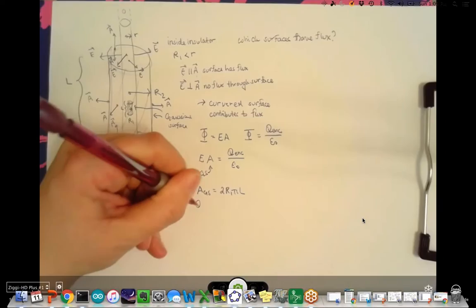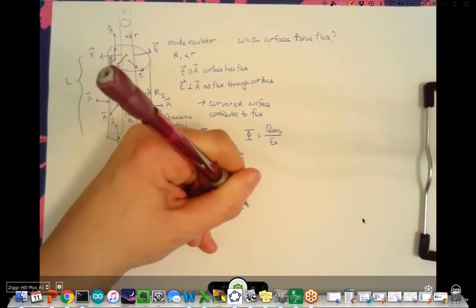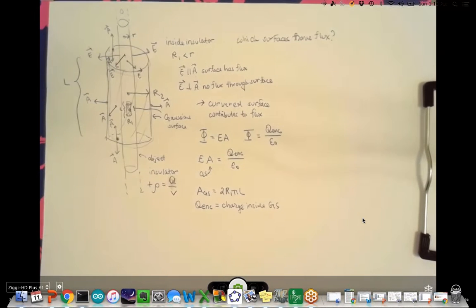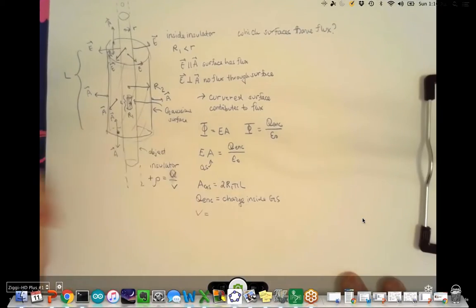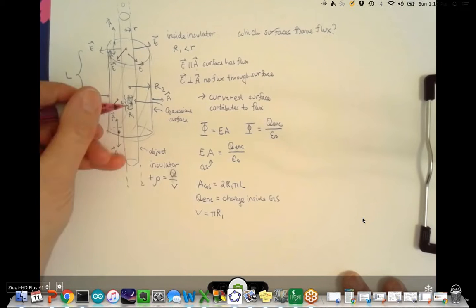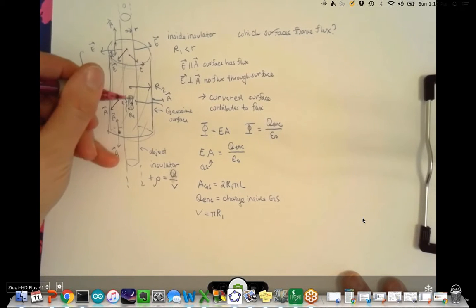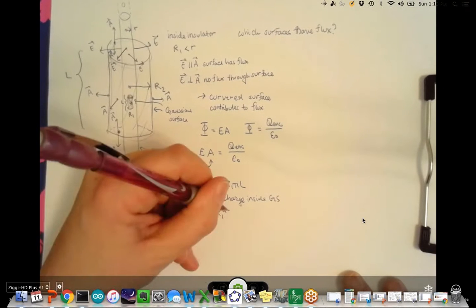Our Q enclosed is all the charge inside the Gaussian surface. All right, so let's figure out how much charge is in there. It's a volume, and the volume of a cylinder is the area of this little one, pi r1 squared, times the length, so pi r1 squared times the length.